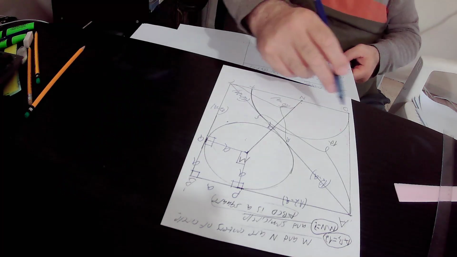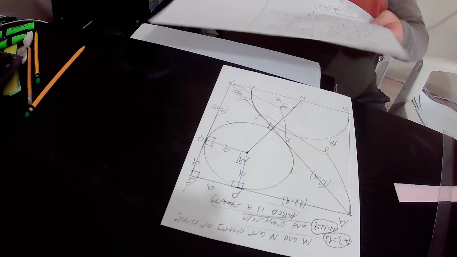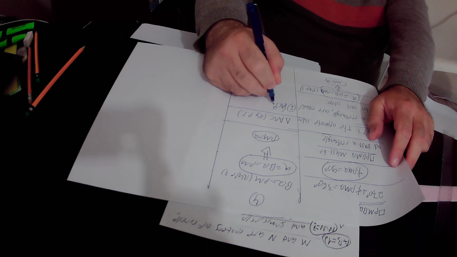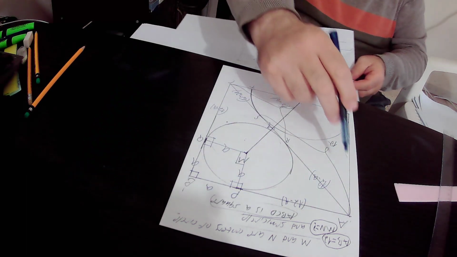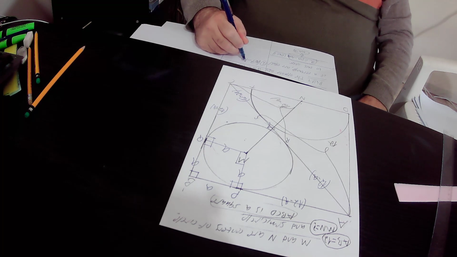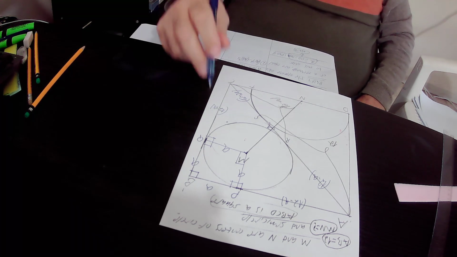The hypotenuse is AC, so the square of the hypotenuse is AC squared, and it must be equal to AB squared plus BC squared.